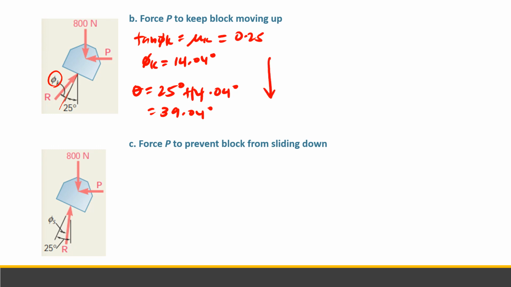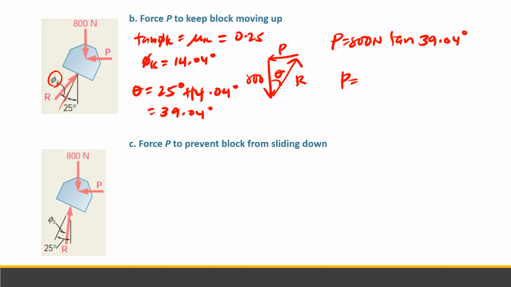This is 800, this is P, and this is R. This is theta. Using the formula from earlier, P is equal to 800 Newton tangent theta, which this time is 39.04 degrees. So P is equal to 649 Newton. This is the force P required to keep the block moving.